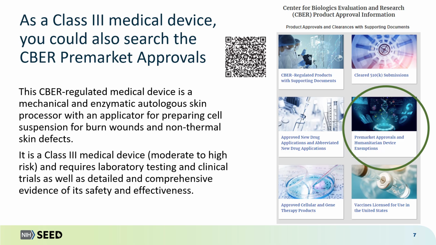While it integrates biological components, it is not classified as a biologic-led device combination product. Instead, it is primarily considered a medical device. Accessing both CBER and CDRH databases is crucial to ensure compliance with all regulatory requirements and support a successful approval process.